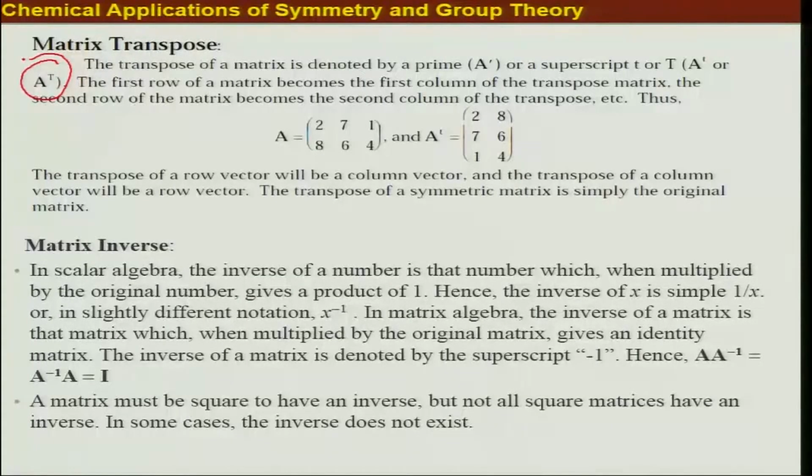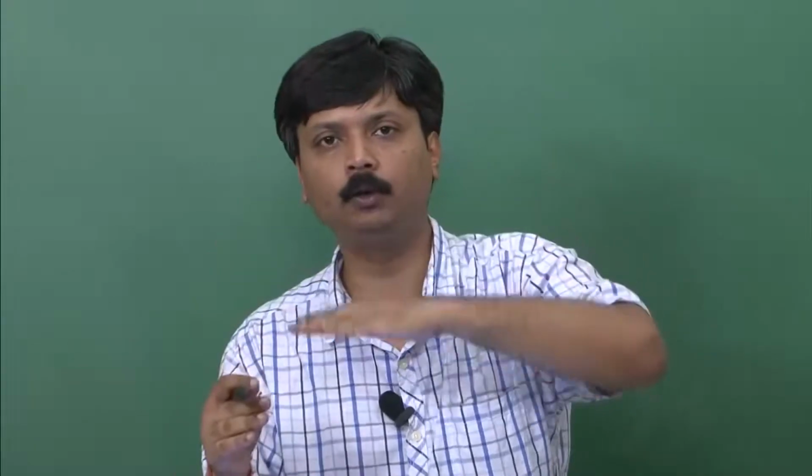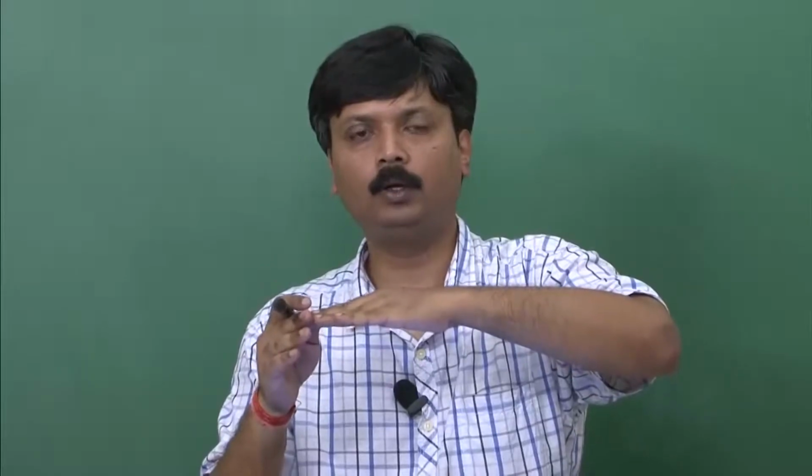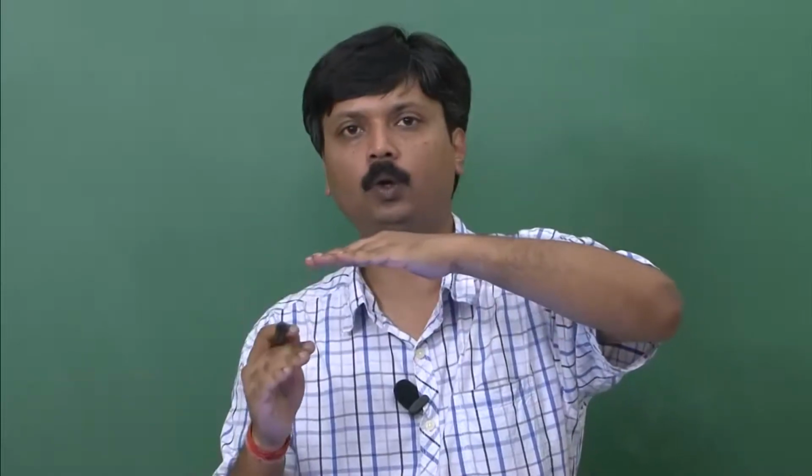Now what is the transpose? The first row of the matrix becomes the first column of the transpose matrix. So say I had a matrix having 3 rows and 2 columns.